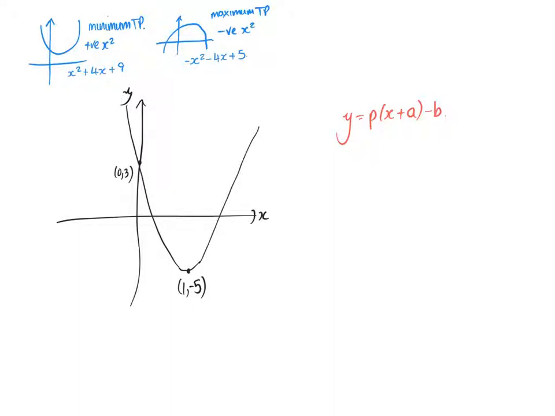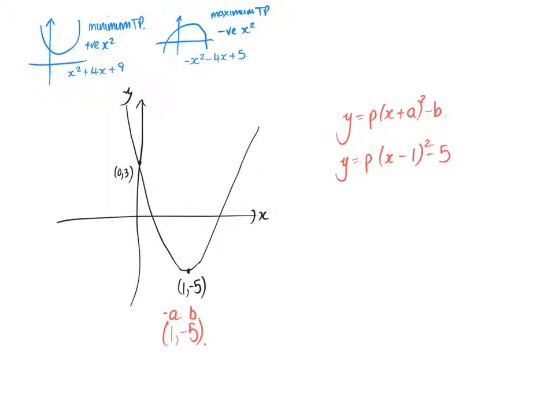So our turning point, our (1, minus 5), tells us this is just our b value, and that's the negative of our a value. So we're going to have y equals p, and then (x minus 1) squared, and then minus 5, and don't forget the squareds, like I did.